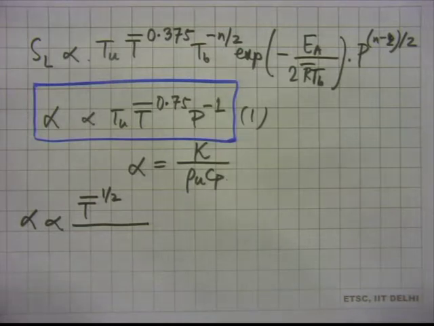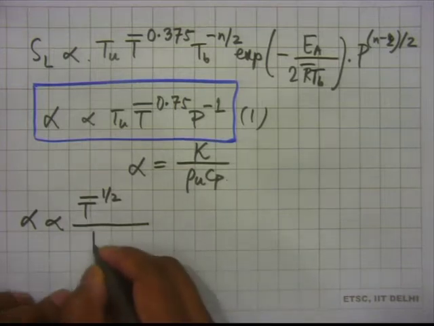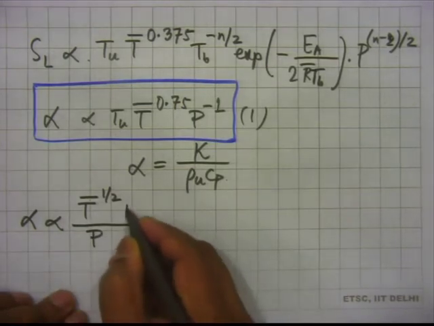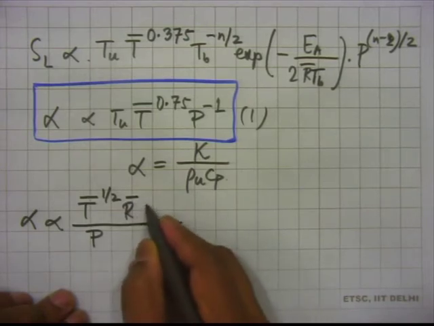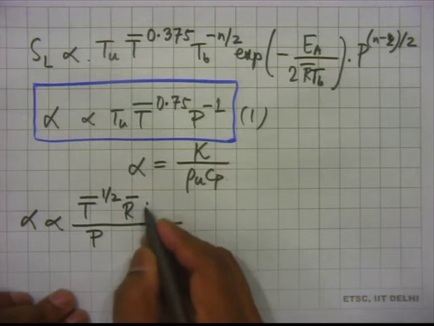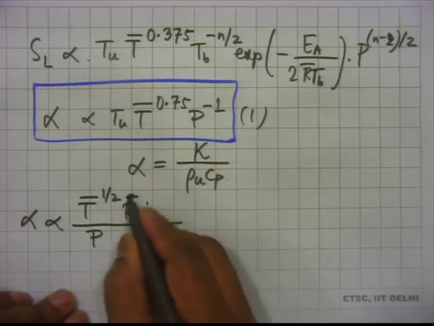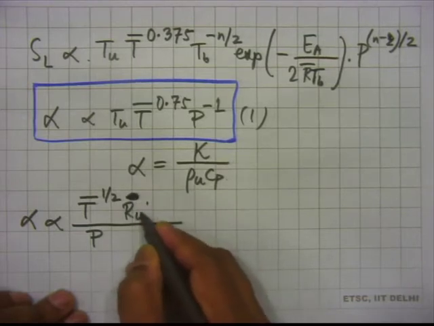Rho u is the density of the unburned gas, so that should be obtainable in terms of the ideal gas law, correct. So, we will just write this as pressure divided by R bar... actually no, we do not even need to write R bar, we will write R u.